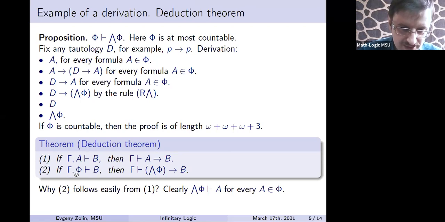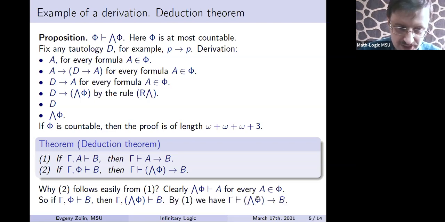Assume that gamma and phi derive some formula B. Then from gamma and conjunction phi, we can also derive B, because firstly we can derive all formulas from phi, and then from them and gamma derive B. So using this trivial fact, we obtain this. And then we use 1, because conjunction phi is just one formula. We can put it into the premise of the implication.